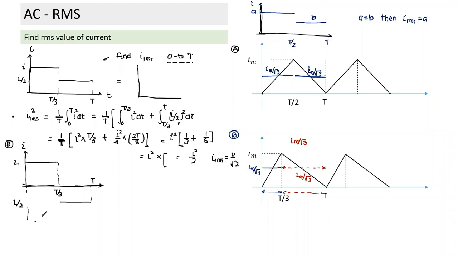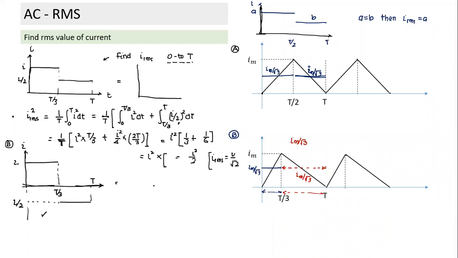How long will it take to calculate? Kevin, are you listening? Yes, sir. Can you give me the answer for this one? Have you understood the previous one? Sir, is it the same as the previous one? It is the same as the previous one. The answer will come the same. The sign doesn't matter. When you square it, it becomes the same. So this answer will also be the same.